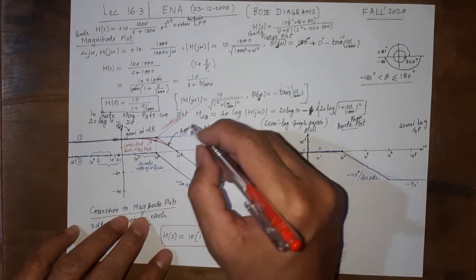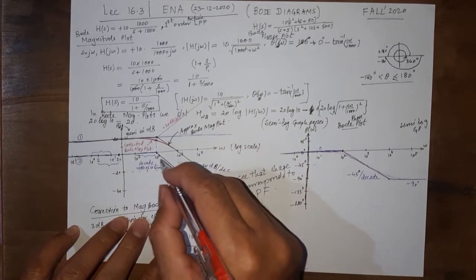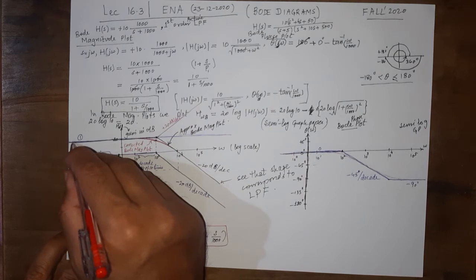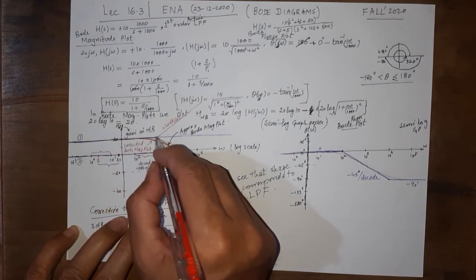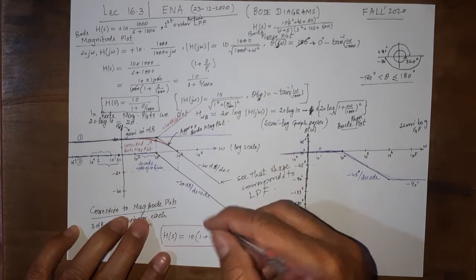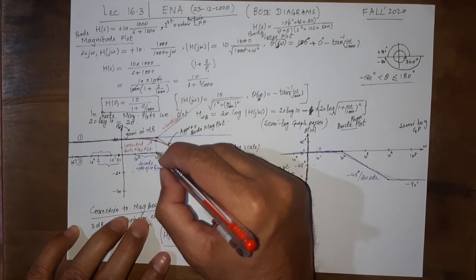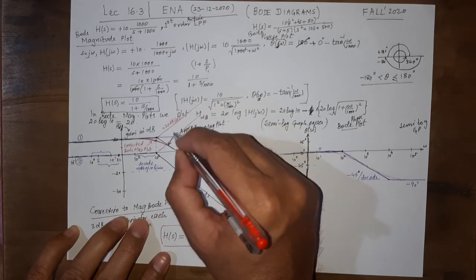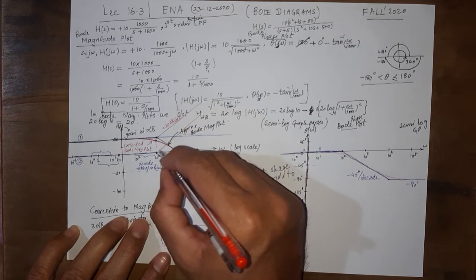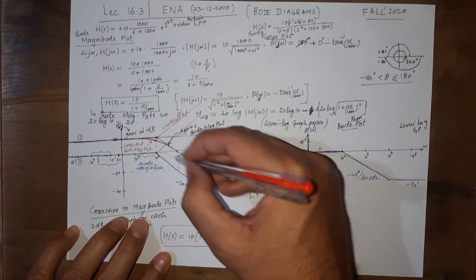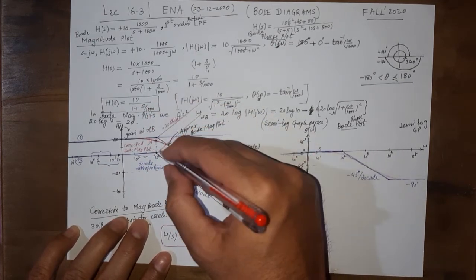Oh sorry, I have basically drawn the resultant one. The resultant would be coming from 20 and going upward. If this part is to be drawn in isolation, it will be a parallel line with the same slope, 20 dB per decade, going upward at this point. So for a term in the denominator, it goes down. For a term in the numerator, it goes up.